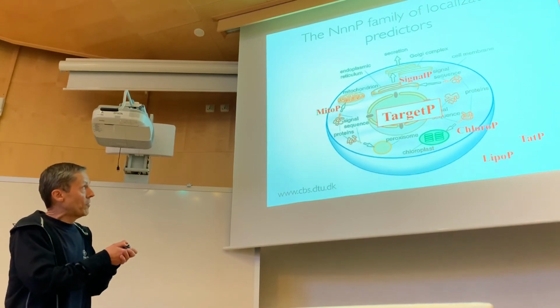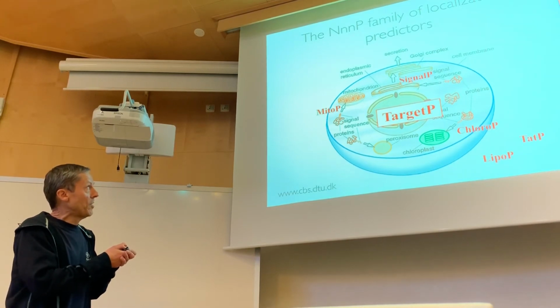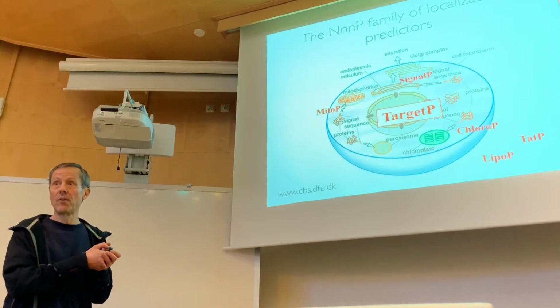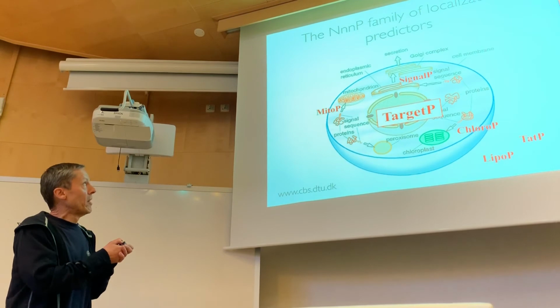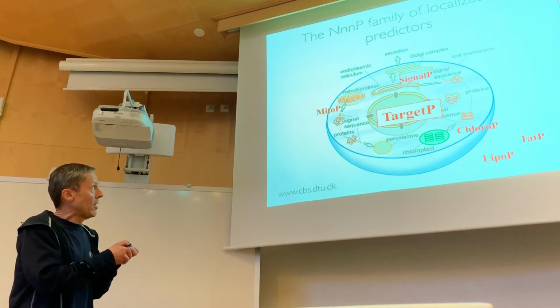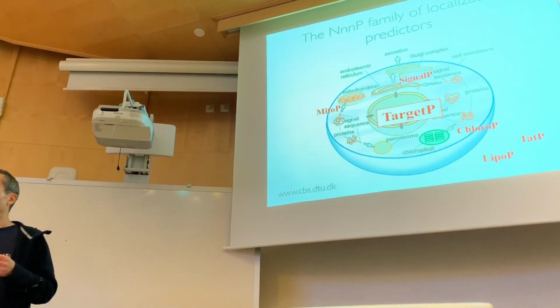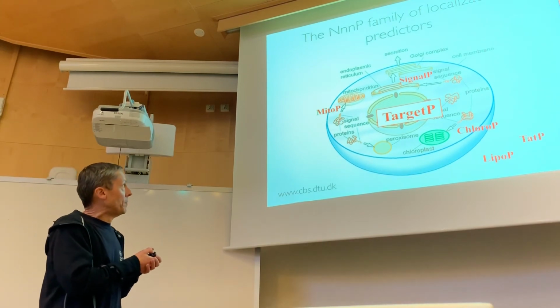But then it looks in the rest of the sequence to try to predict whether it's a protein that's going to stay in the ER, a protein that's going to stay in the Golgi, for instance, or go to the lysosome, which I didn't show here, or eventually be secreted. So there are sub-locations within the secretory pathway where proteins can be retained. And they also try to predict that, right?